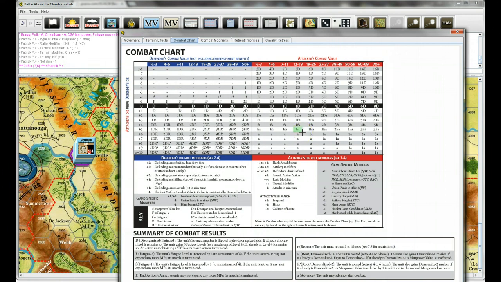I've highlighted that with a little mark so we can see. Then we just move right across the row to the defender side, and we'd see he had a 9, and we would then highlight what he got, which is the 2DR there. When you compare the two, we can see the summary of results down here at the bottom. If you get an E, that just means that he ends his action.